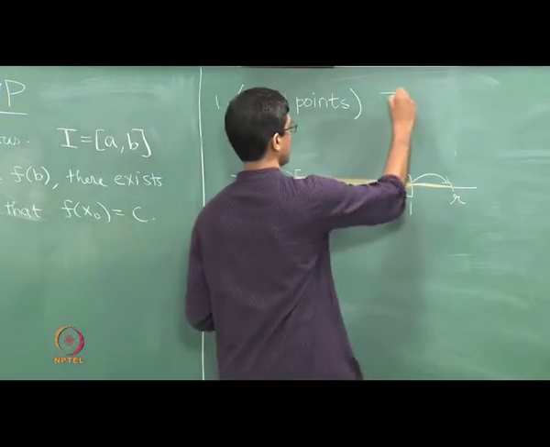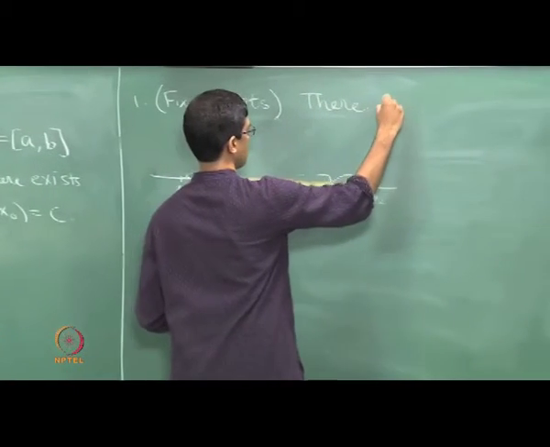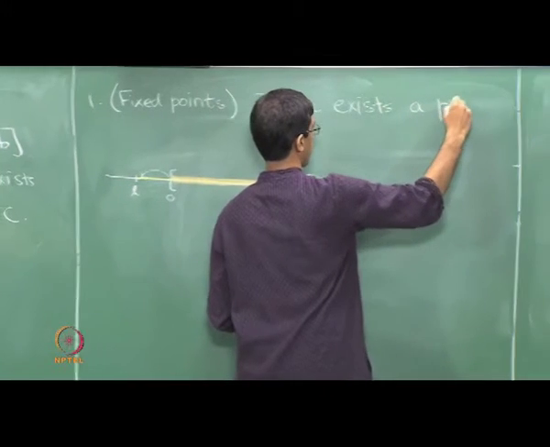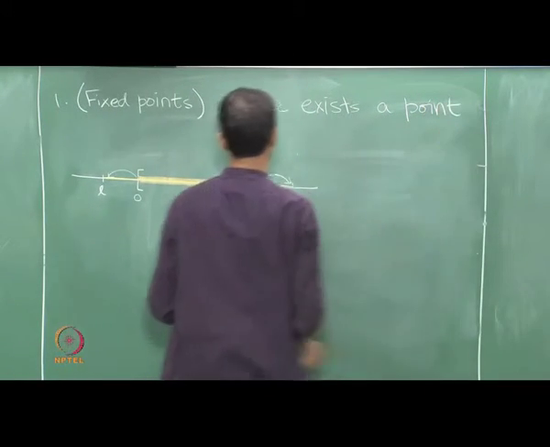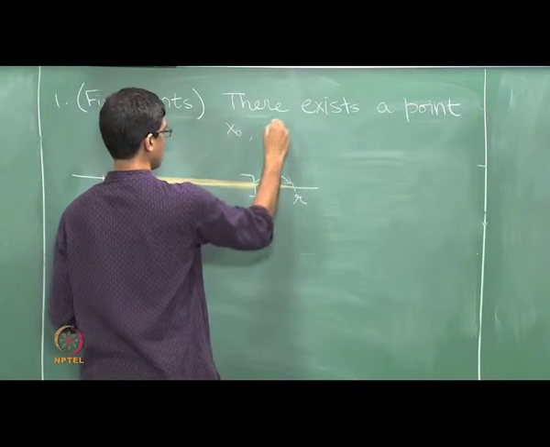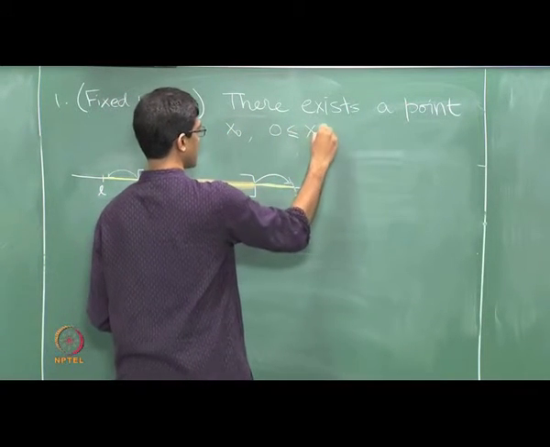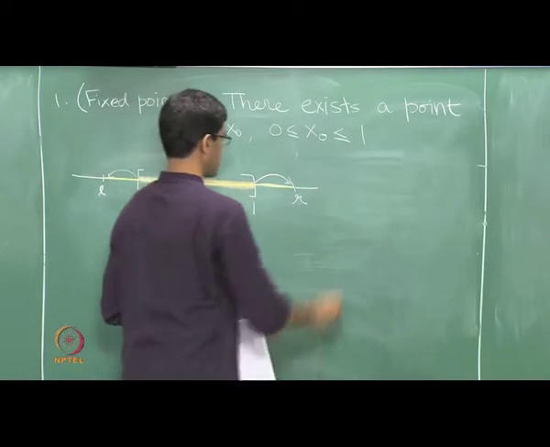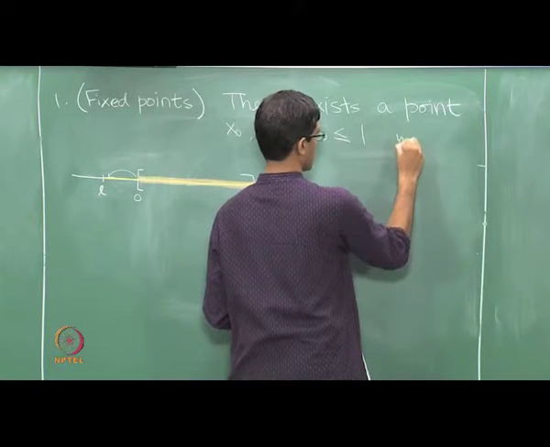So let's write it out. Here's the statement which we will try and prove. There exists a point, let's call it x naught, on the original rubber band, which means x naught was a point between 0 and 1, which does not move from its place during this stretch.